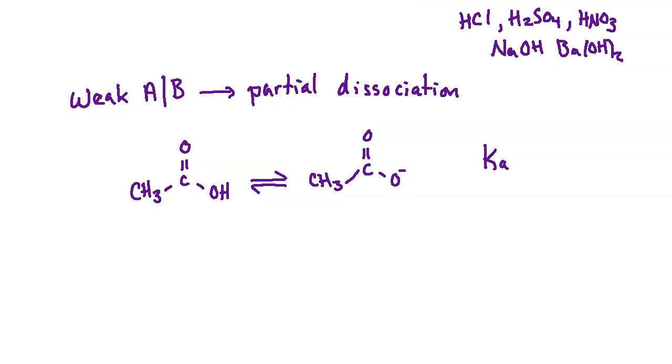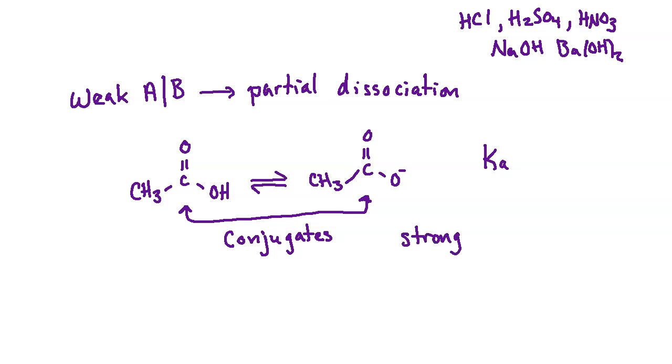Keep in mind that whenever we deal with an acid and it goes over to a base, the term that we use for these two is conjugates. A conjugate is what's found on the opposite side after protonation or deprotonation occurs. And the way that a conjugate setup works is that if you have something that is considered strong on one side, and then you go to the other side for the conjugate, you're going to find something weak.